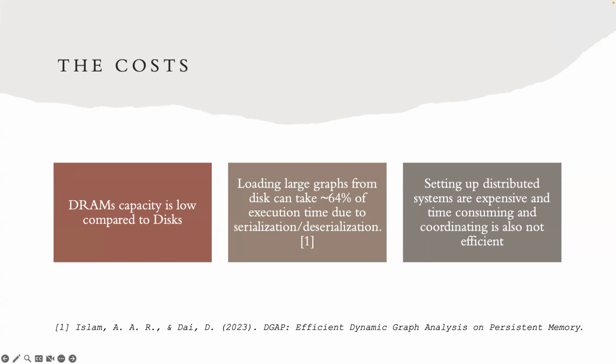Why is the distributed system not efficient? Because to read and write data every time from a disk, you have to deserialize it to read it, or serialize it to write it. What do you mean by serialize? Can you explain? So basically, for the algorithm, we have a data structure, suppose a hash map.